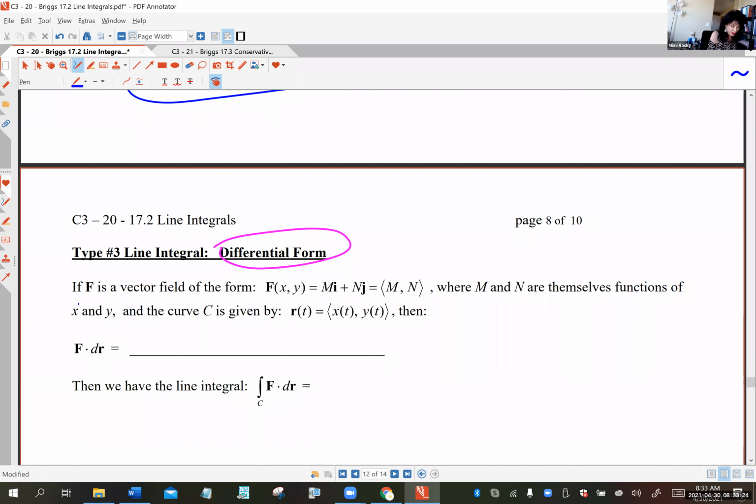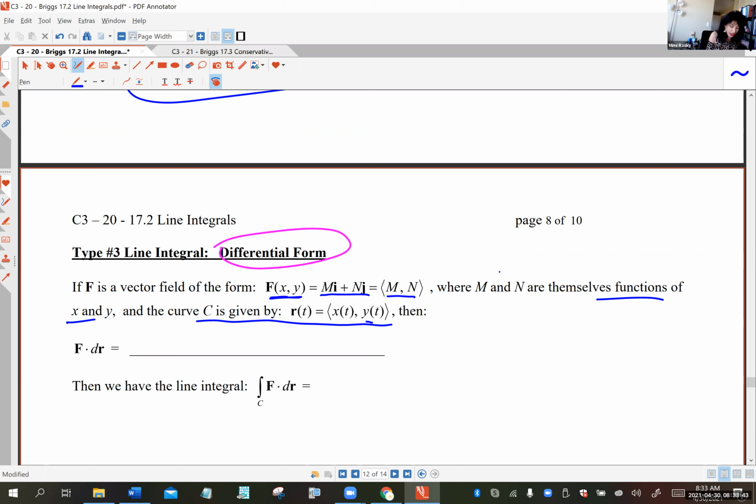So if you have a vector field F, and we're looking at a 2-dimensional vector field, so the components denoted M and N, and M and N are themselves functions of x and y. So let's say somebody already parameterized your curve for you. So you've got a nice vector valued function, x of t, y of t.